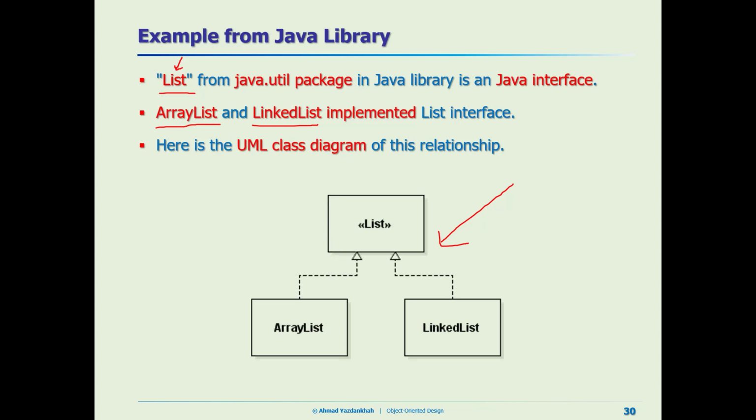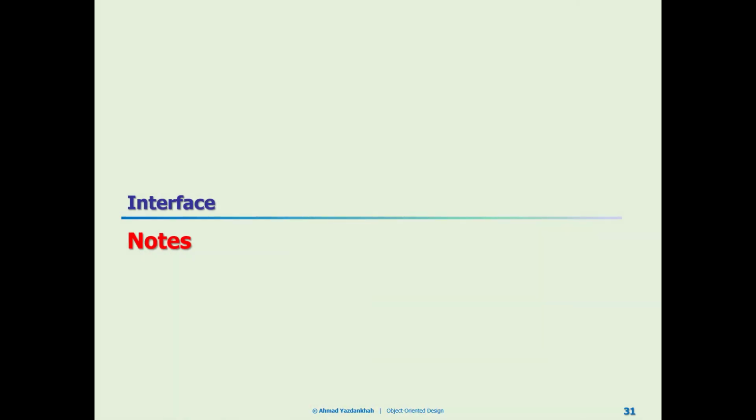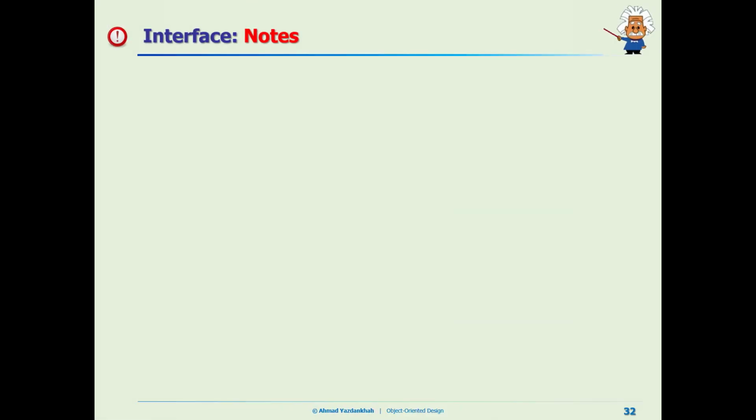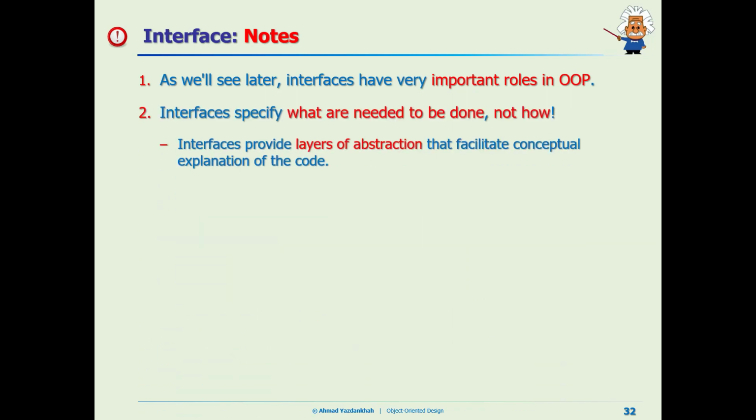All right, let me give you some more notes about the interfaces. As we will see later, interfaces in object-oriented programming have a great role. They are so important, and during the semester, I'm going to talk about this a lot. Interfaces, as we said, are some kind of abstraction.